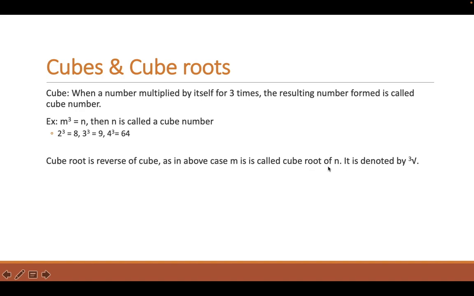Yeah, that's correct. m is called cube root of n, and it is denoted by this symbol. You see this square root kind of symbol with 3 in the prefix. It is representing it as a cube root. That's as simple as that. So per se, if n is cube of number m, then cube root of n is m. That's what it is.